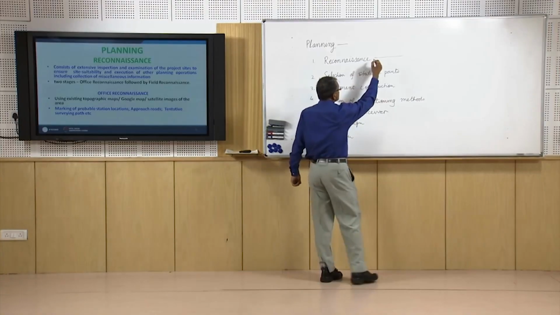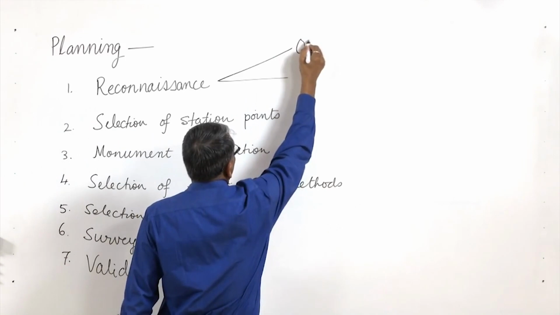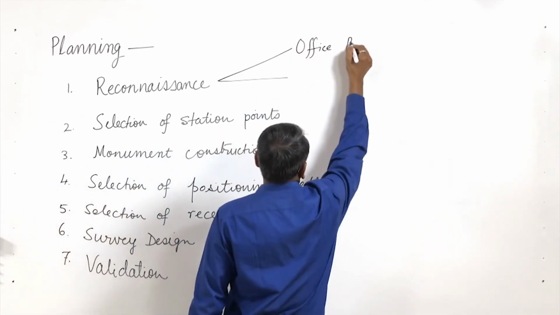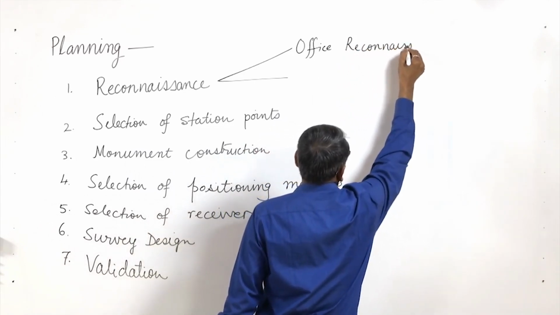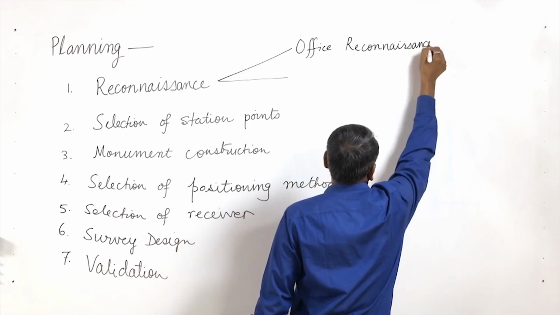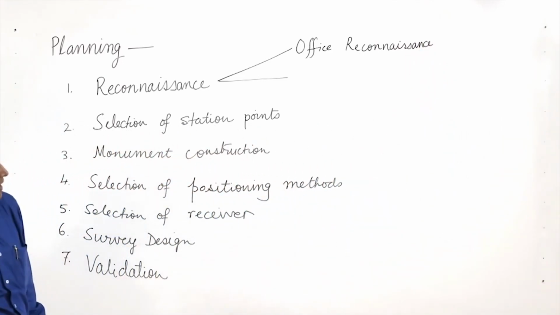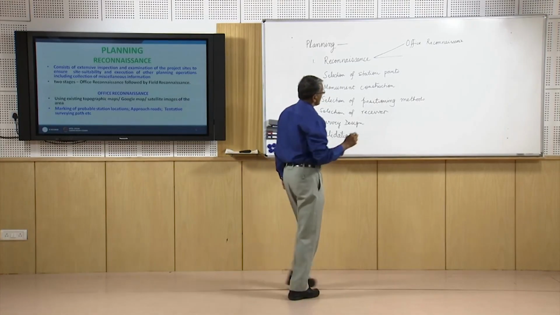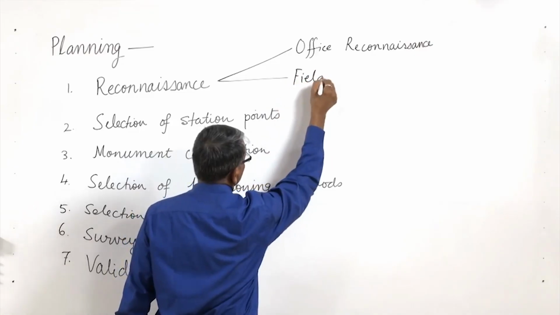Now reconnaissance is carried out in two steps. One is in the office, that is called office reconnaissance, and after the reconnaissance has been done in office we have to carry out the reconnaissance in field, that is called field reconnaissance.